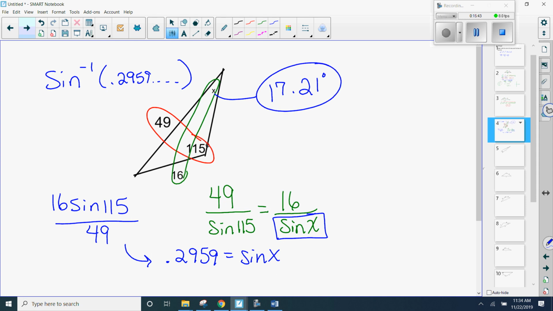Now here's another thing. Okay, you don't have this fancy calculator, right? I hope you still have that 16, the sine of 115 divided by 49 on your calculator. Do you have that 0.29 whatever? If you do, here's another way you can do it.